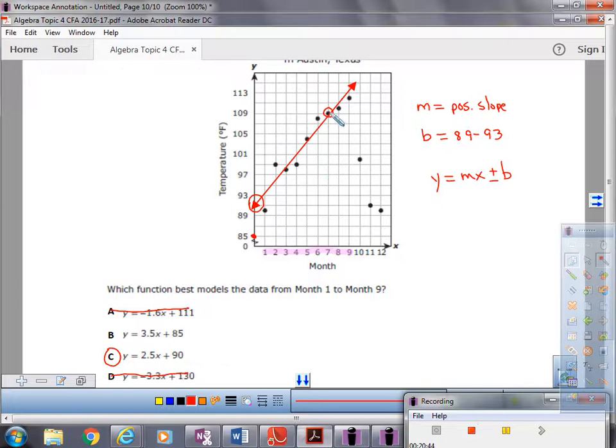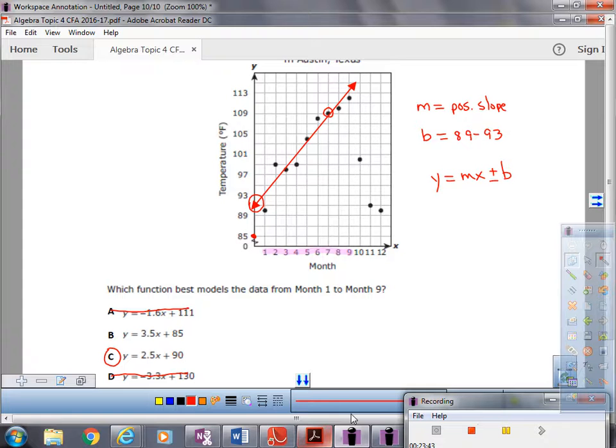You could even maybe pick 2 points and do a spreadsheet. But this seems to be the best choice, just from process of elimination. As you can see, I looked at slope. It had a positive slope, and I looked at my y-intercept, which is where it crosses the y-axis. Okay, so the correct answer there was C.